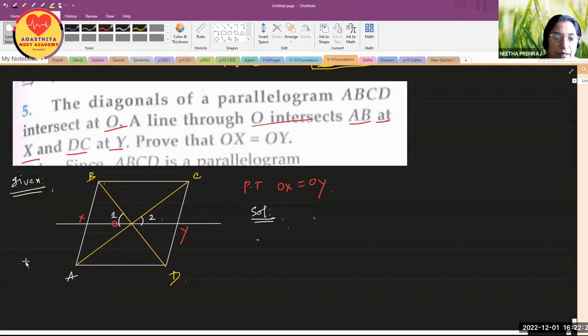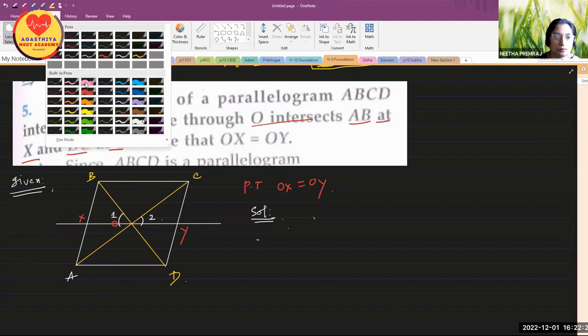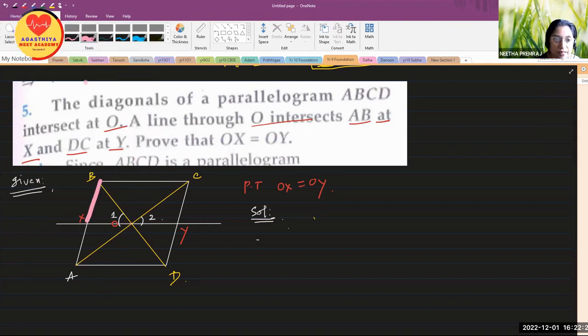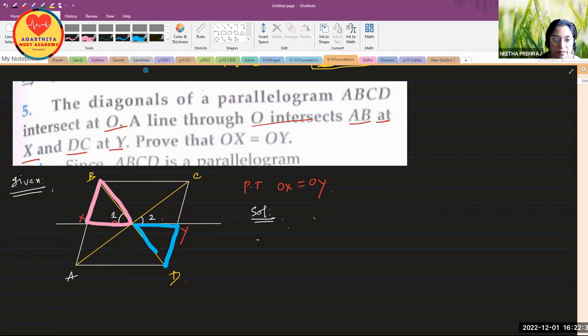Consider this triangle and this triangle. Now, if you see, this and this are equal. Why? What is the reason?